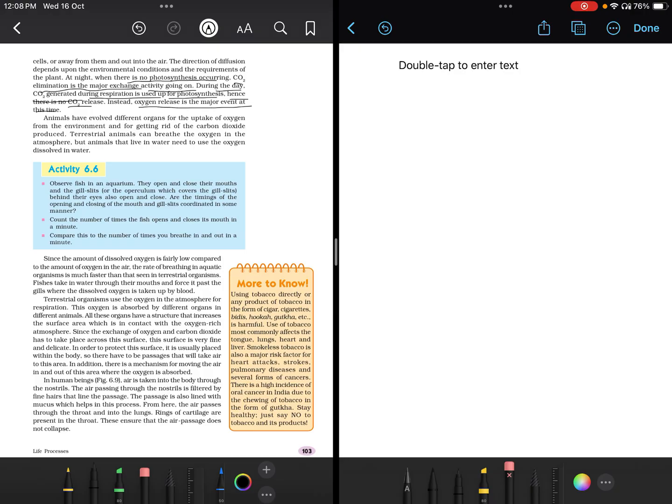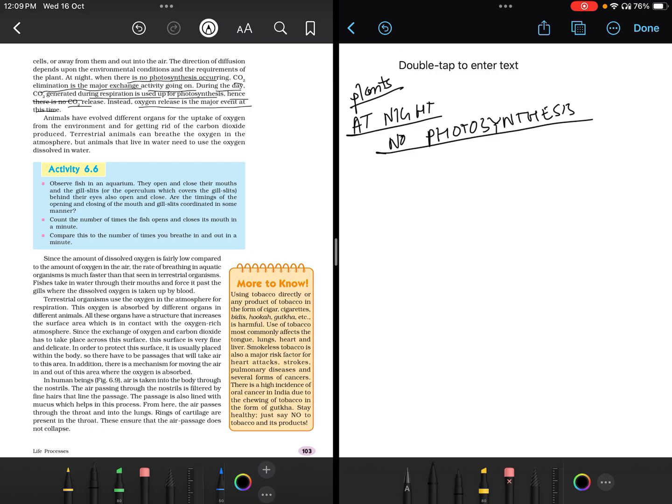So, at night in plants, what happens is that there is no photosynthesis. If there is no photosynthesis, so carbon dioxide elimination takes place.